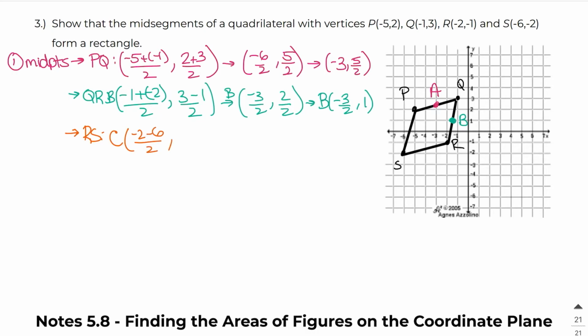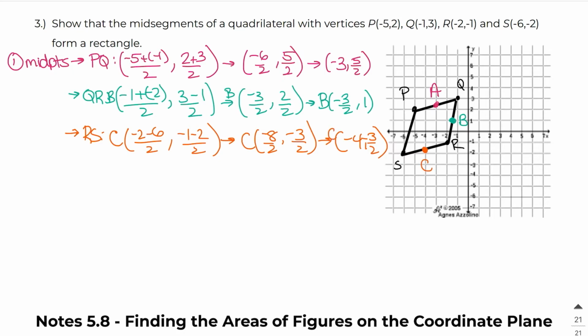Divide that by 2. Then I'm going to add the -1 and the -2 together. Divide that by 2. So I end up getting that C is -8/2, -3/2, which is -4, -3/2. Okay, so I'm going to go to -4 and then -1.5, and this right here is point C.